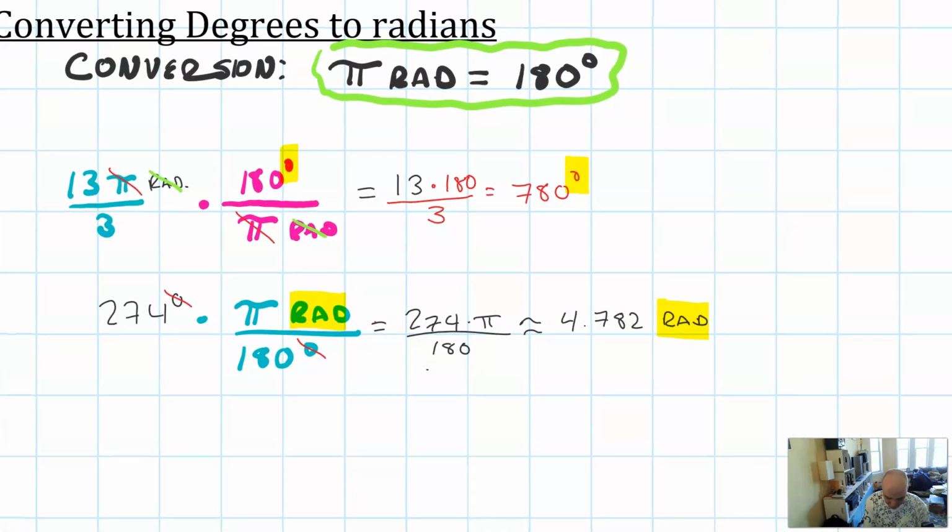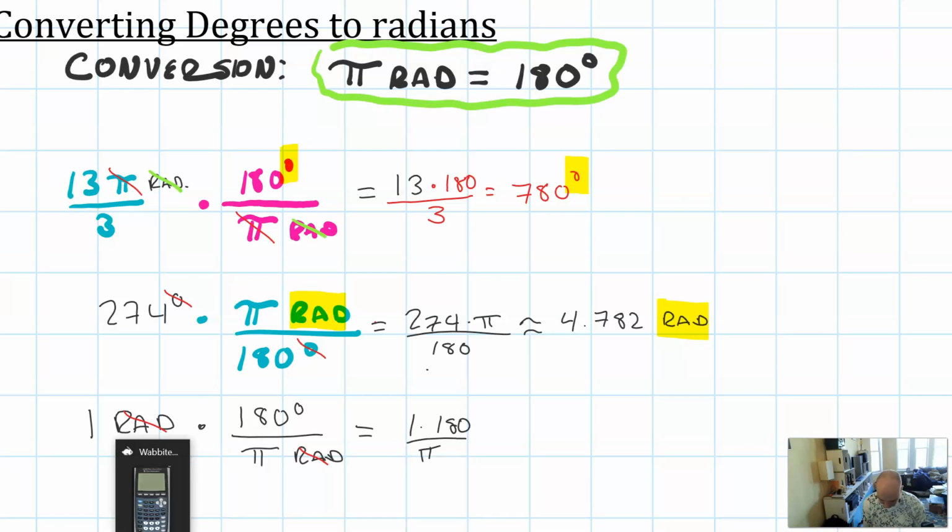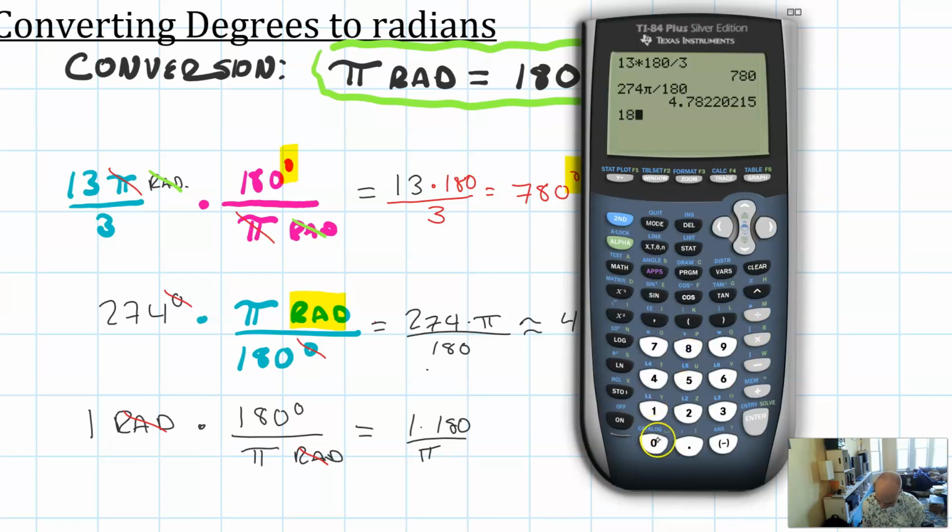Then finally, I said we can now prove that 1 radian has a non-nice degree equivalent. 1 radian times the conversion factor of 180 degrees in pi radians will help us figure out what 1 radian is in degrees. Again, radians should cancel. Now this time there's no pi's to cancel, so 1 radian is just 1 times 180 over pi. 180 over 3 would be 60, so 180 over pi is probably close to that.